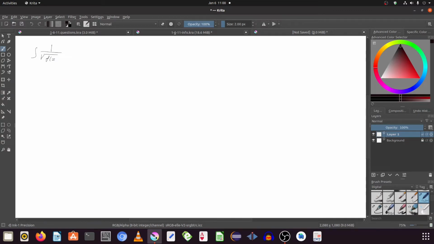Let's just write z. And then we have a square root u, root of f u.